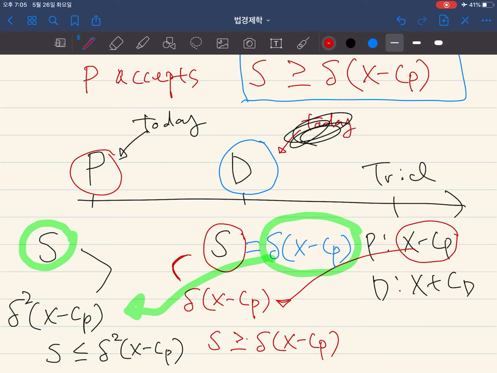Therefore, if plaintiff wants to settle today, he has to offer exactly this much.